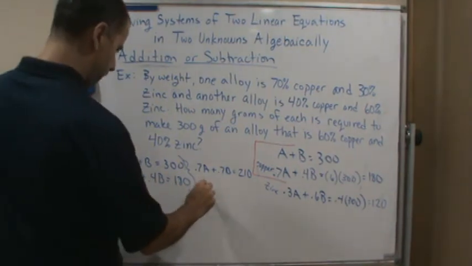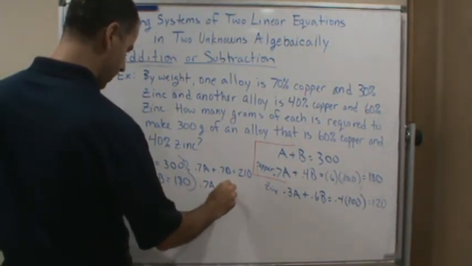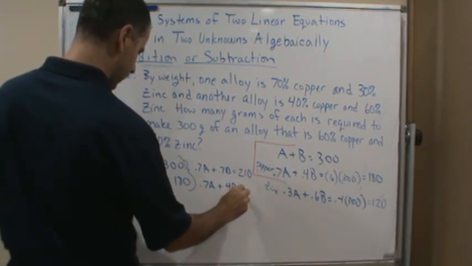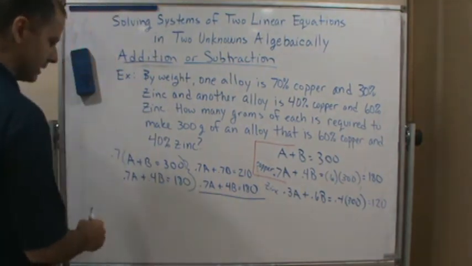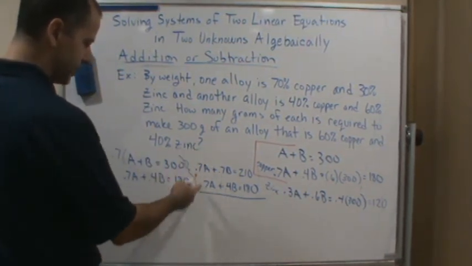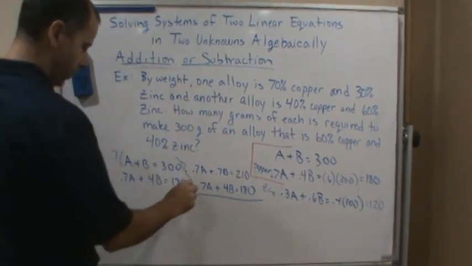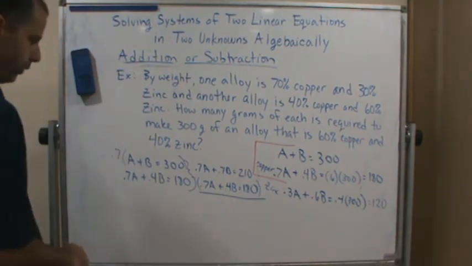And then I'm just going to copy the bottom one, 0.7A plus 0.4B equals 180. Now, since the coefficients are the same with the same sign, I'm going to subtract the bottom one from the top one.